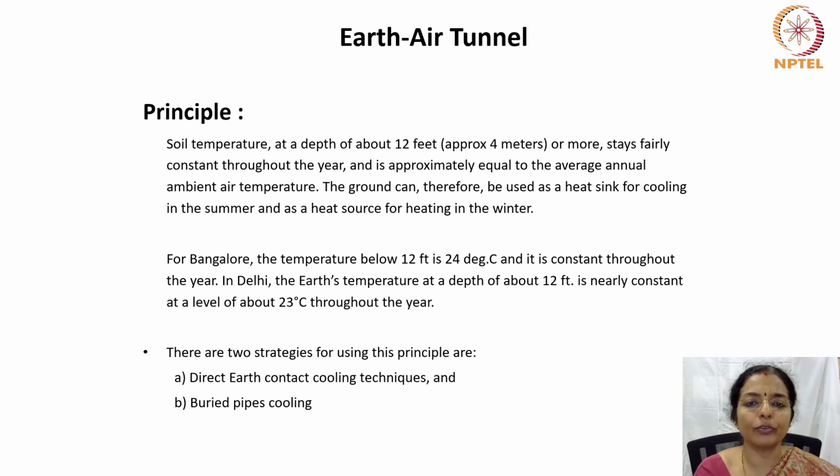The principle of earth-air tunnel is that the temperature of the soil at about 4 meters depth remains fairly constant throughout the year, and it is approximately equal to the annual average ambient temperature of that place. Now what does that mean?